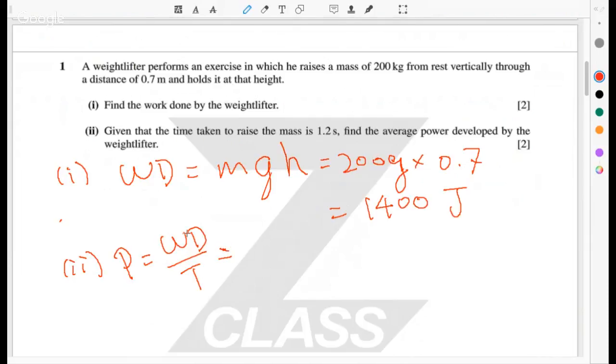So you got energy, which is the work done on the top, and divided by time to give you the rate. And that will be, in this case, 1,400 joules over 1.2 seconds. And that's 1,170 watts.